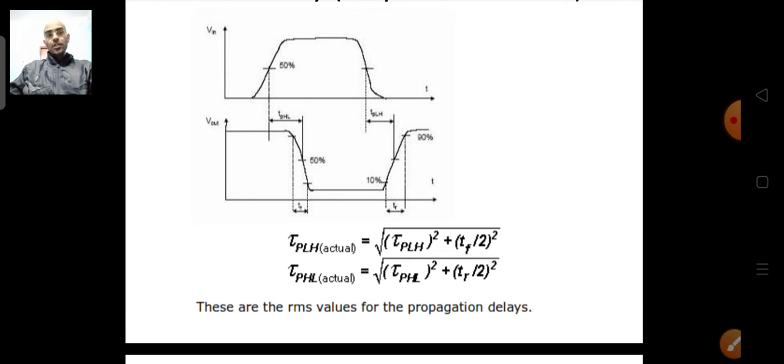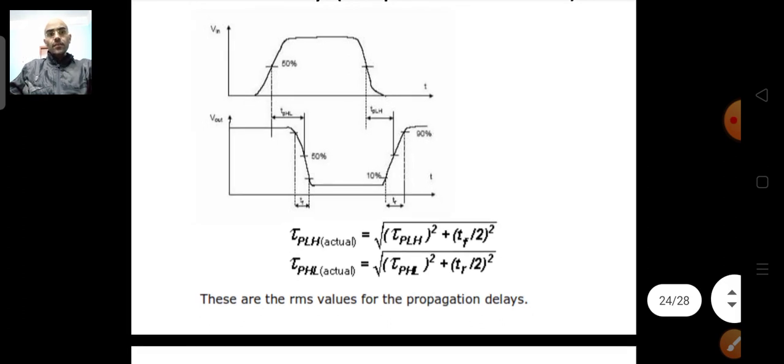We have determined tau PLH, tau PHL and the average propagation delay for the ideal input. But if the input has rise time and fall time, then empirically, with practical experiments, it is found that we can handle it with a simple adjustment to whatever you have found earlier.